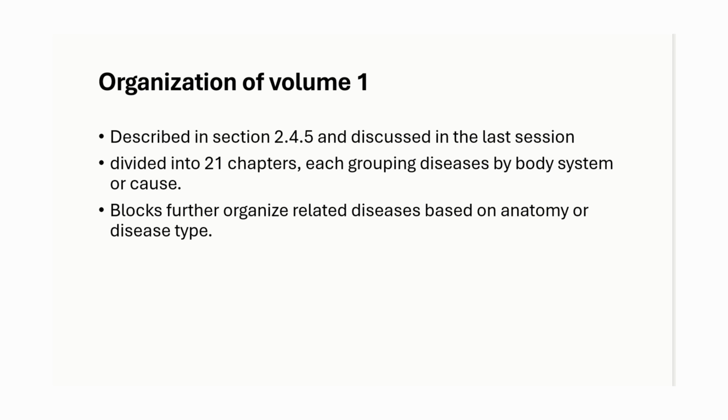Just briefly, volume 1 is divided into 21 chapters, each grouping diseases by body system or cause. Blocks further organize related diseases based on anatomy or disease type.